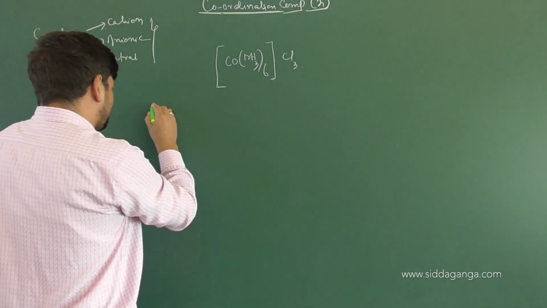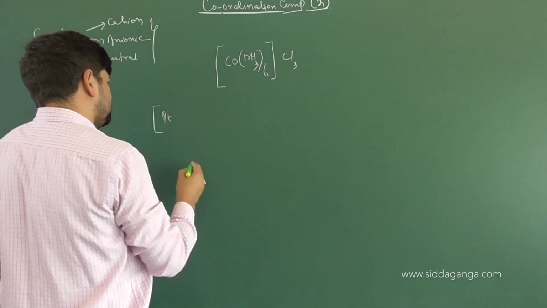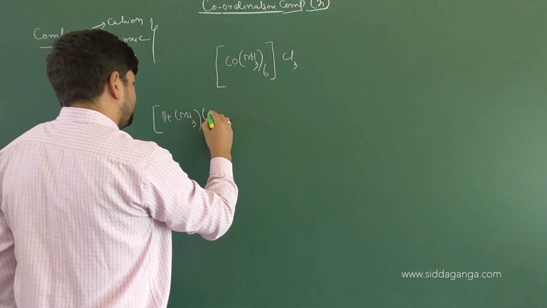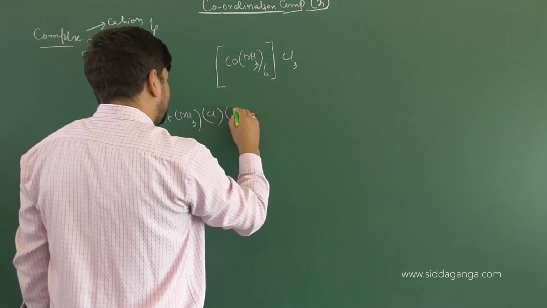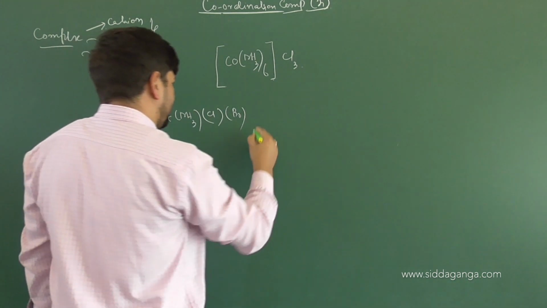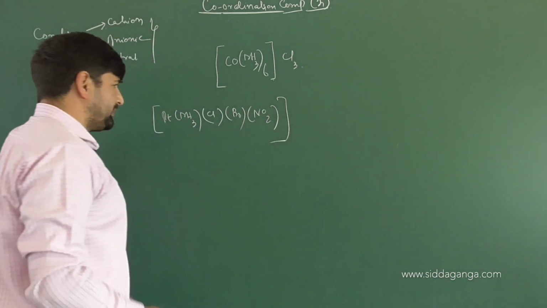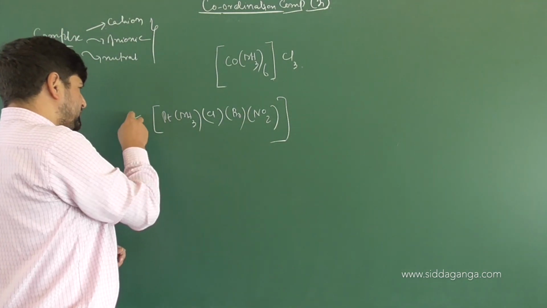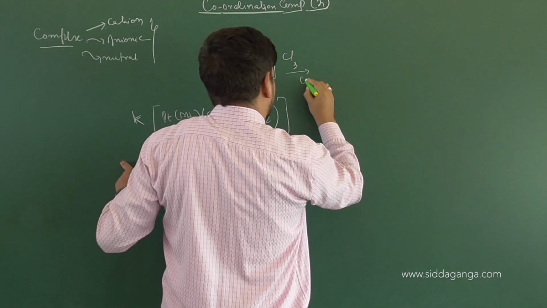Or we can take the example of Pt with NH3, Cl, Br and NO2 present, with K attached to it. Now what did I call these last time? These are called counter ions.